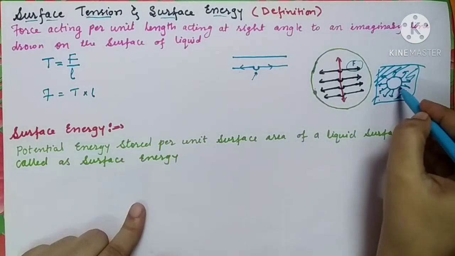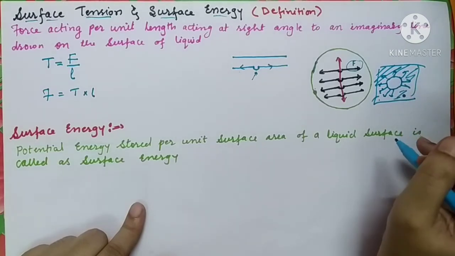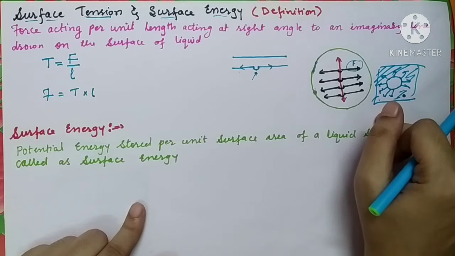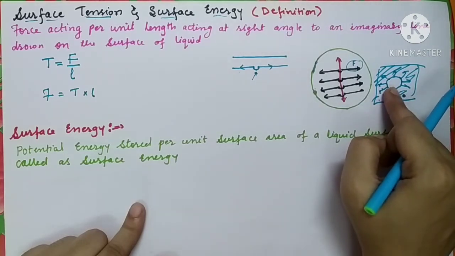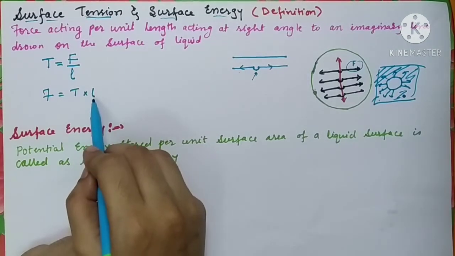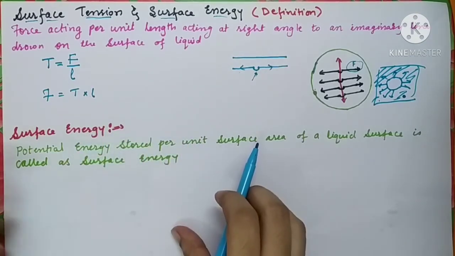So at that time, what length will you have to consider? That will be the length of the ring. So the length of a ring is nothing but the circumference of a circle. This circle has a circumference 2 pi r. So this L will be replaced by 2 pi r. In this way, you'll have to take the example of various objects of various shapes.